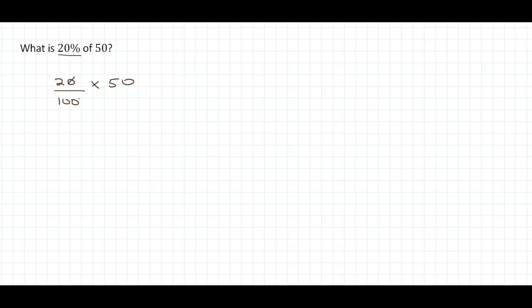So 0 crosses out here, 0 on this side also crosses out here because you have 2 zeros in the numerator and 2 zeros in the denominator. So you have 2 multiplied by 5 over 1, which is going to give you 10 over 1, which is 10. So 20% of 50 is 10.